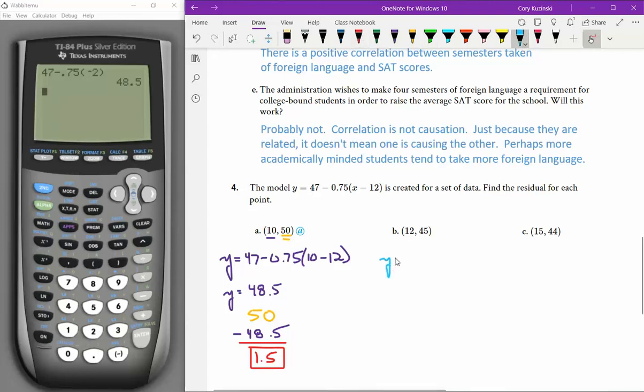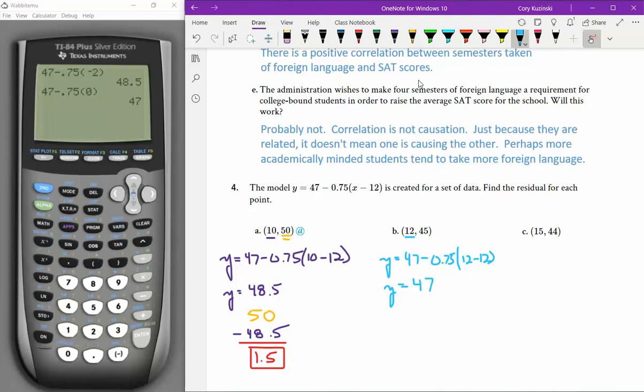Here, we're just going to plug the 12 into the equation. 47 minus 0.75 times 12 minus 12, which is 0. I don't really need a calculator for that, but if I put a 0 into this equation, I get 47 out.